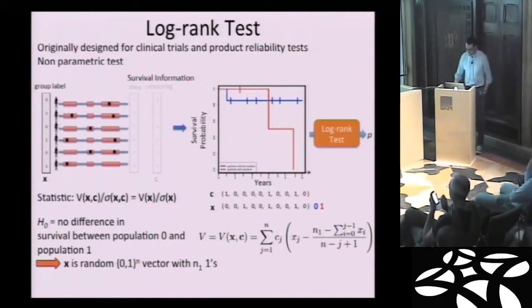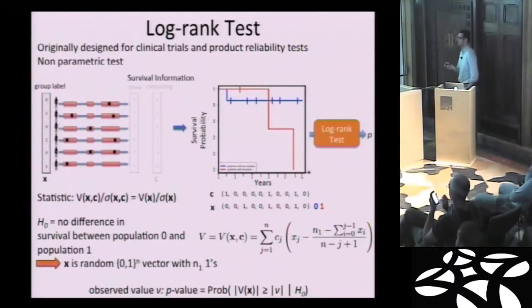So it has a specific number of ones. And now what we want to compute is the p-value, that is the probability of obtaining a value at least as extreme, so greater or equal, than the one that we see in real data using the test statistic, under this probability distribution, the one defined by the null hypothesis.